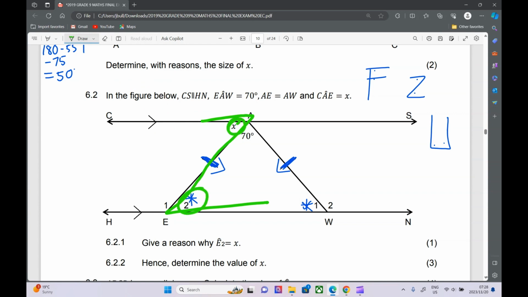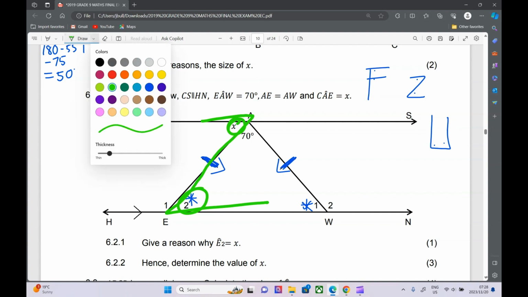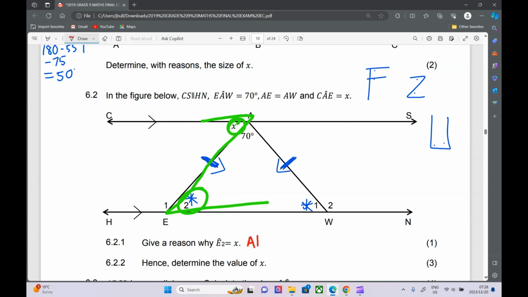Okay, which we knew because they said we have to prove that. So our reason then is going to be, we've got the Z shape, so alternating angles. And the important thing is whenever you use one of these alternating, corresponding or co-interior angles, always list the lines that are parallel. So we're going to say, because line CS is parallel to line HN.